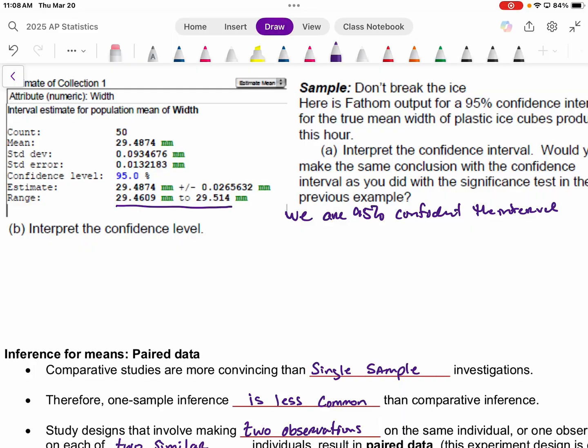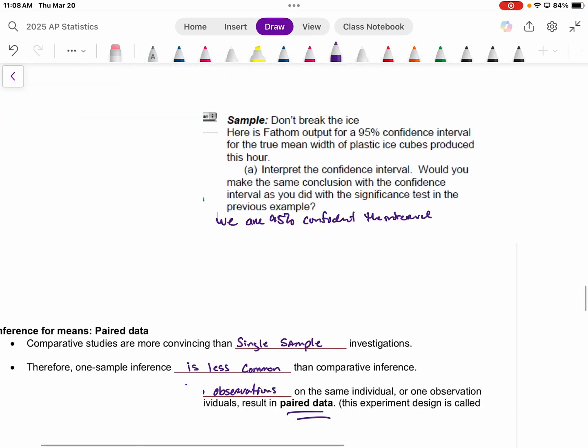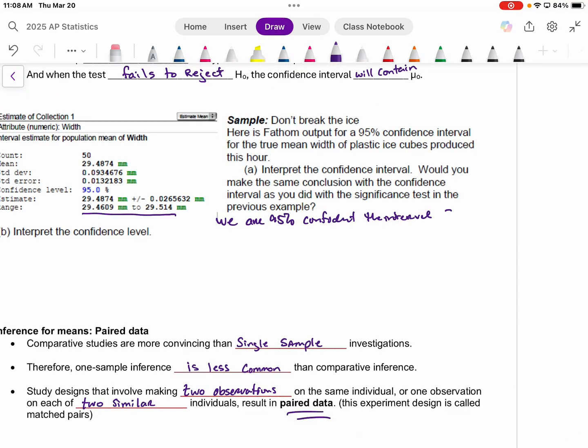There's our interval right there, from 29.4609 to 29.514, contains the true mean width of an ice cube.